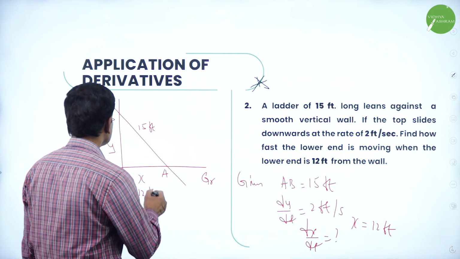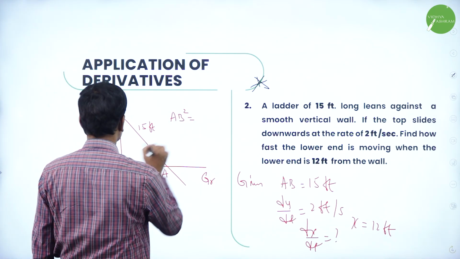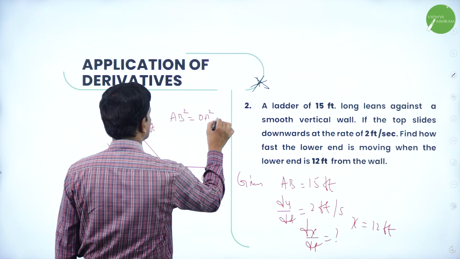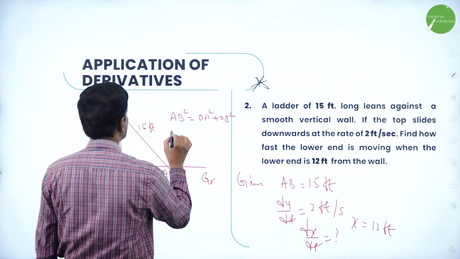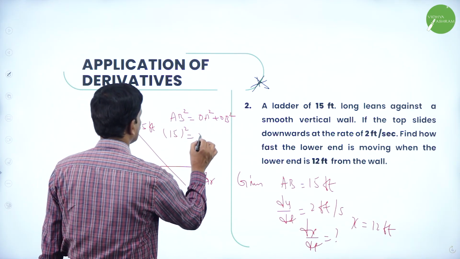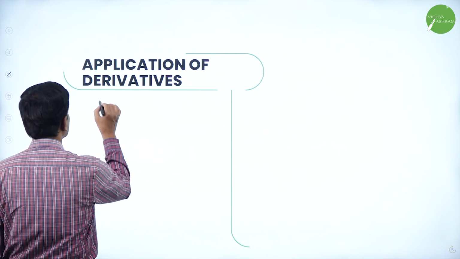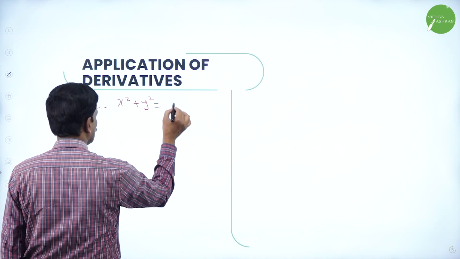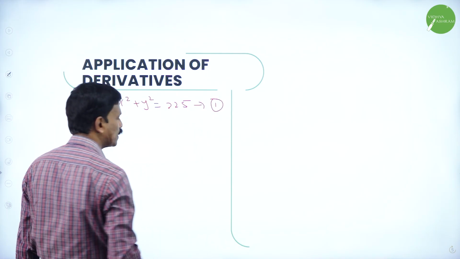From this, if you apply Pythagoras theorem, AB square is equal to OA square plus OB square. So 15 square is equal to OA, which is x, square plus OB, which is y, square. Therefore x square plus y square is equal to 15 into 15, that is 225, equation number 1.